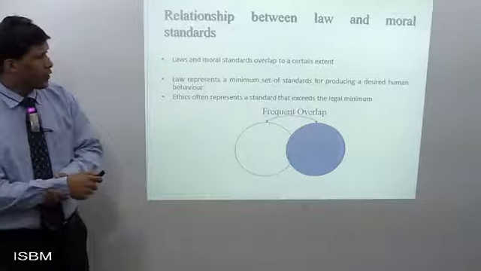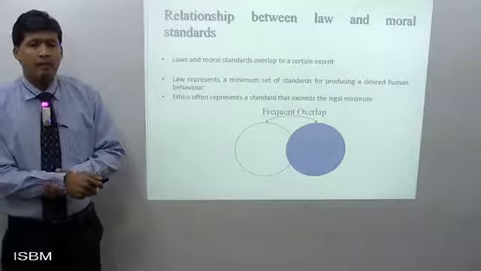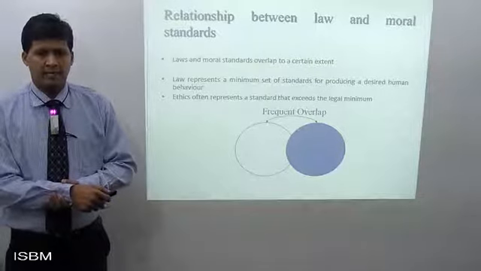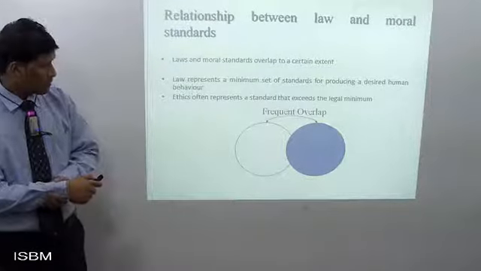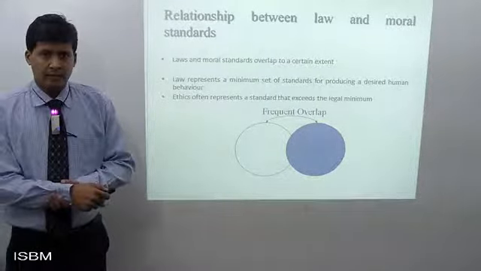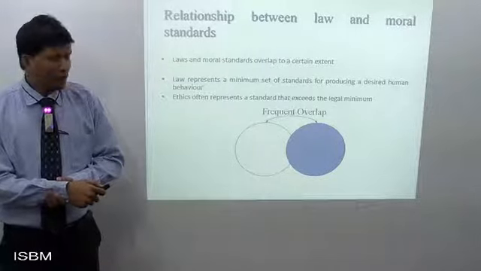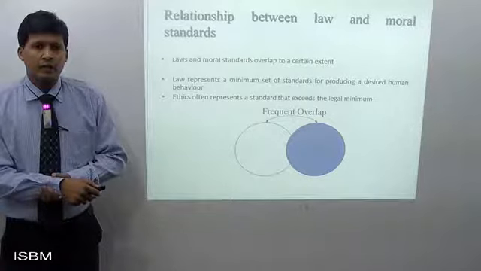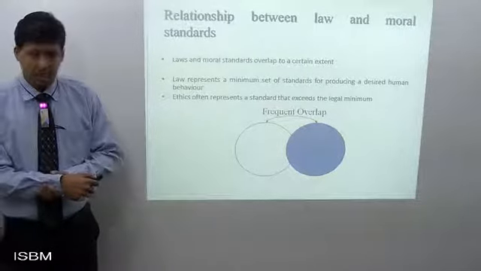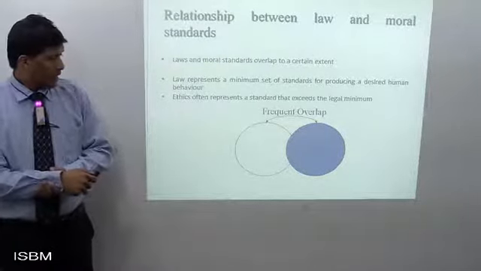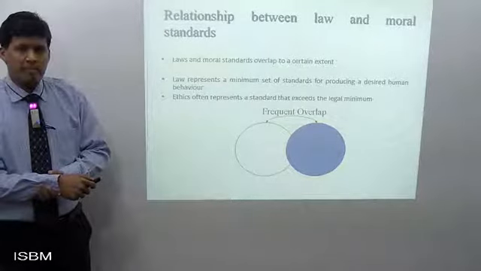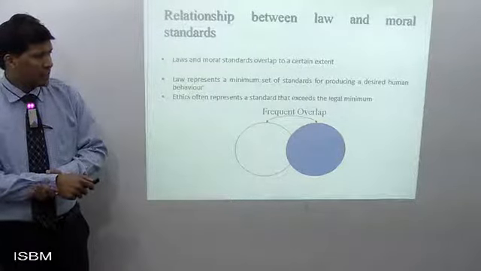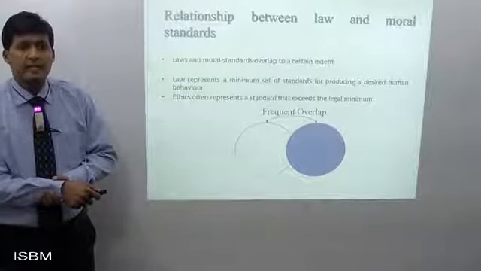If you see, laws and moral standards overlap to a certain extent for sure. That means law represents a minimum set of standards for producing a desired behavior. Ethics often represent a standard that exceeds the legal minimum.